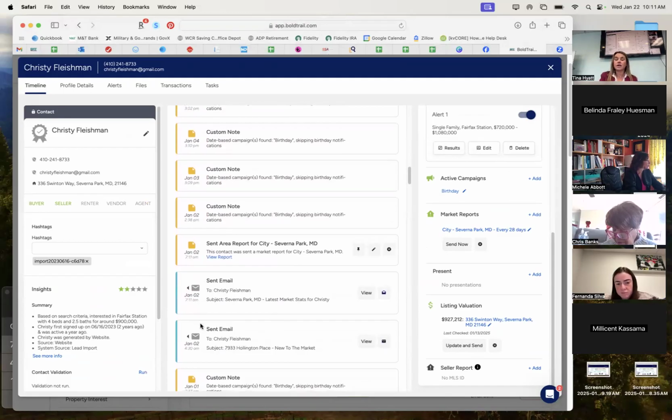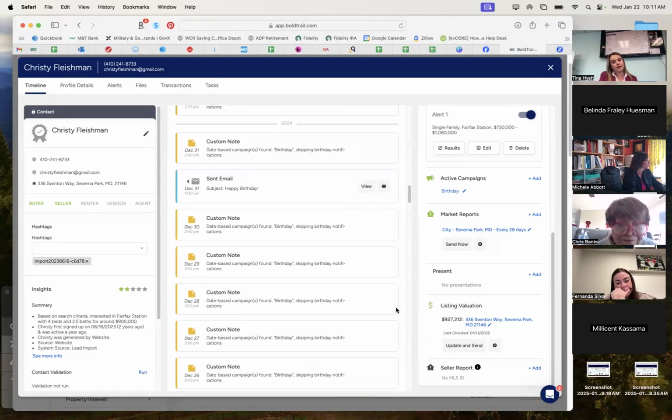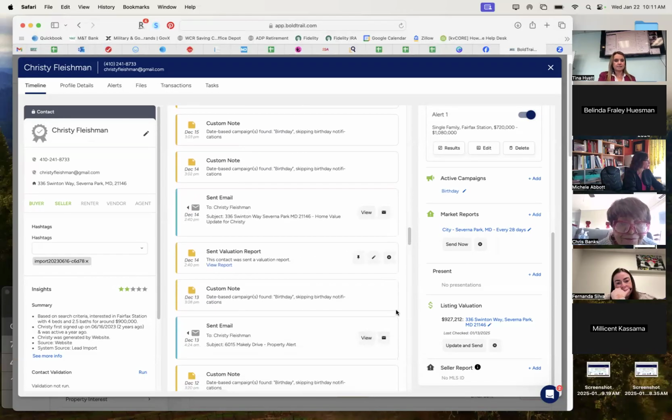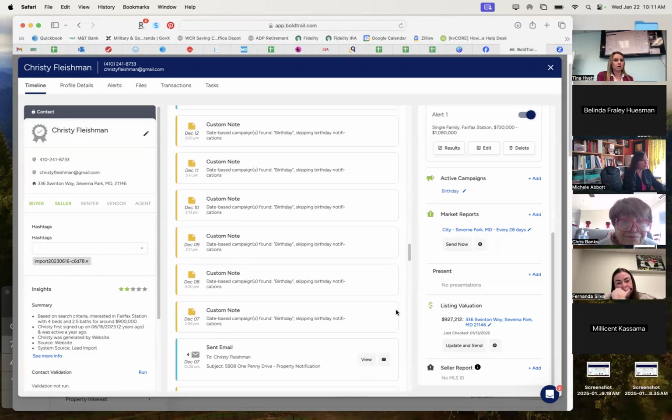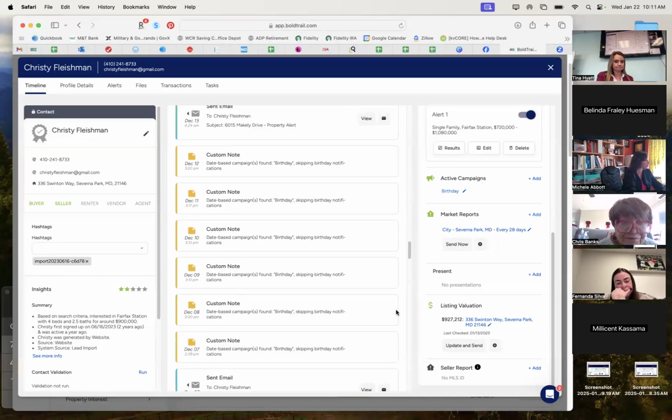So they got something from me twice a month, two weeks apart, touches from me through email. And you can see here, she opened it a couple hours after it went out. It's nice that you can track the opens and see what they're opening.